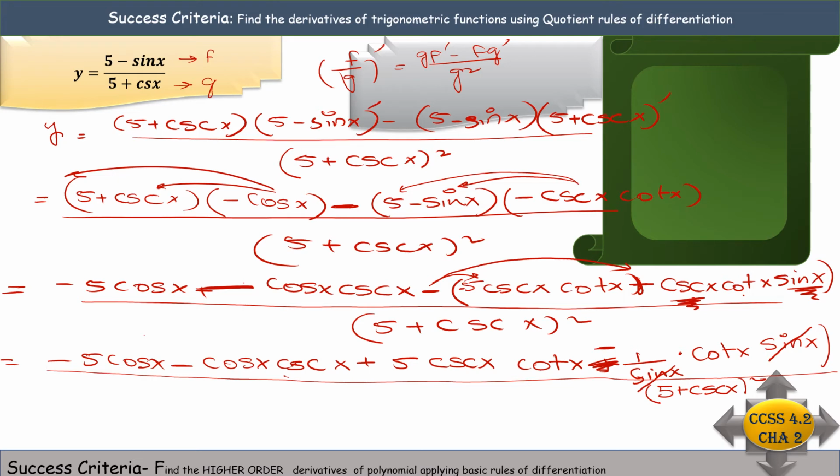So I don't have any common either. So whatever is left is my final answer. I don't think that negative 5 cos x cosec x and cosec x cot x will give me any chance to mix them up. So whatever is left is my final answer.